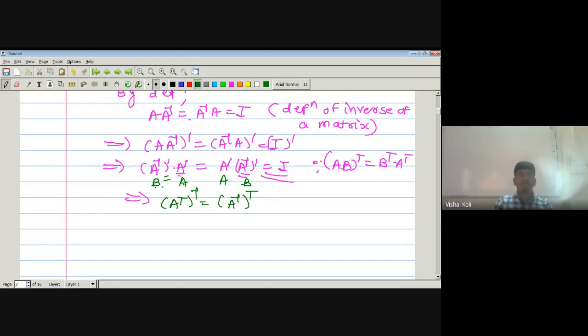Okay. And that is what we have to show, that the inverse of the transpose of a matrix is nothing but the transpose of the inverse of the matrix.